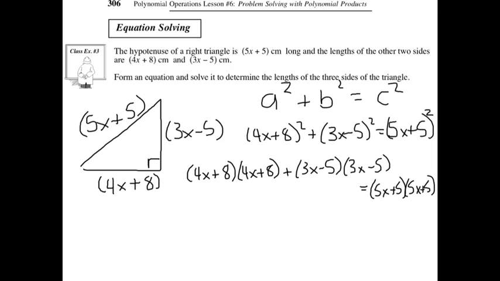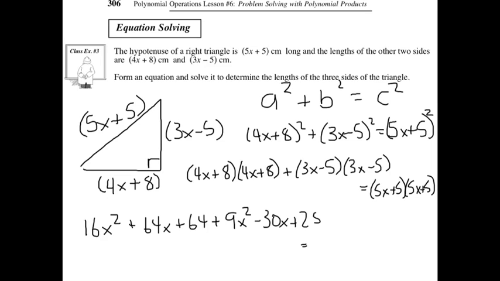When you FOIL these, you'll get 16x squared plus 64x plus 64 plus 9x squared minus 30x plus 25, and this is equal to 25x squared plus 50x plus 25.